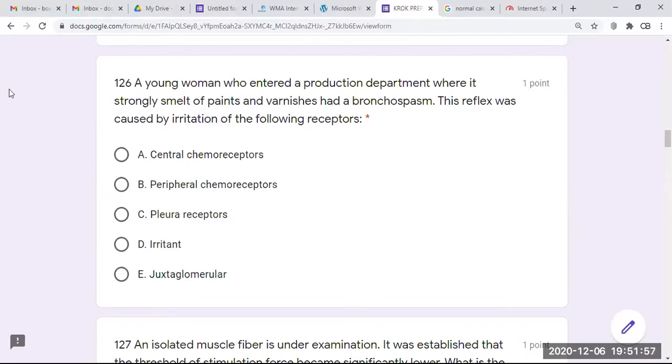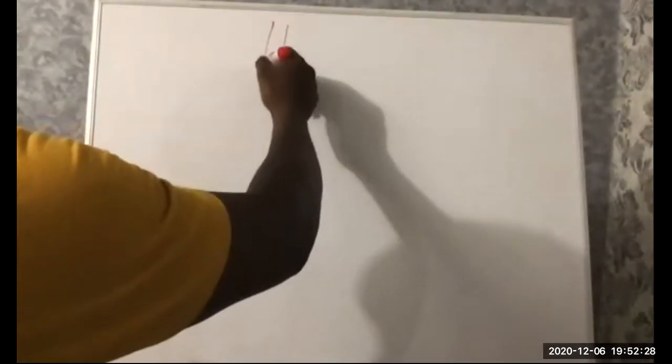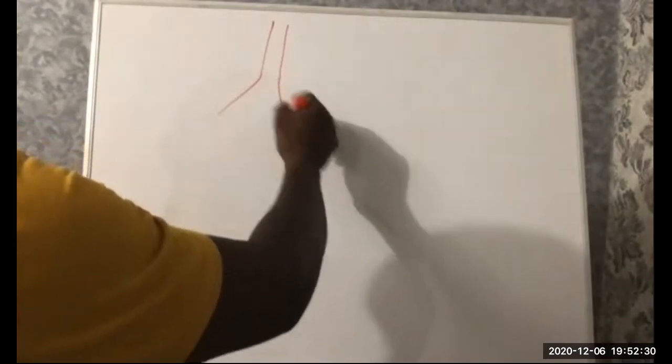All right. So normally in our respiratory tract, the mucous membrane, there are some receptors, okay? And these receptors, their function is usually to stimulate cough reflex, okay? But somehow, they're able to stimulate so much that they cause bronchospasm. This is what is happening. Now, this is our trachea divided into the bronchus.